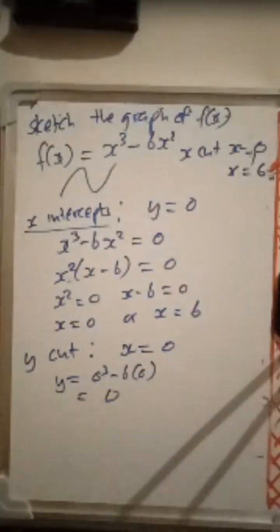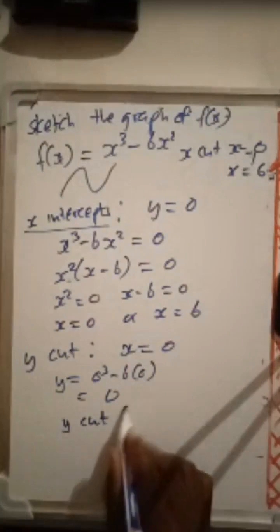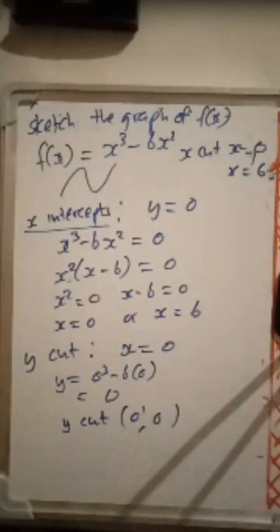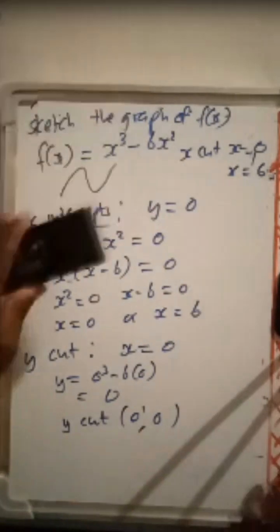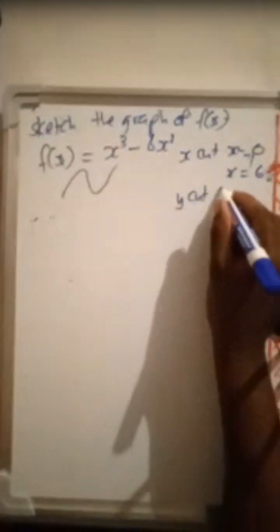So it means also y cut is 0, 0. I'm going to write it there so that at least we have all our information. Okay? So y cut, we are having 0, 0.